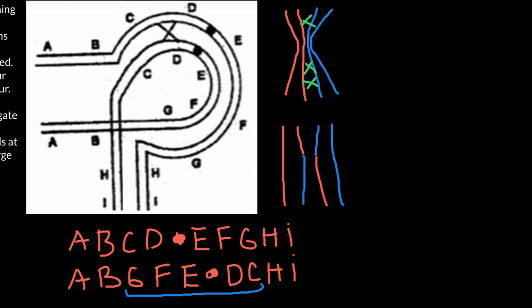So we know that this person got one chromosome with normal order from one parent, and this chromosome from the other parent. Basically this person has two sets of chromosomes and genes, so this person doesn't have any health problem.